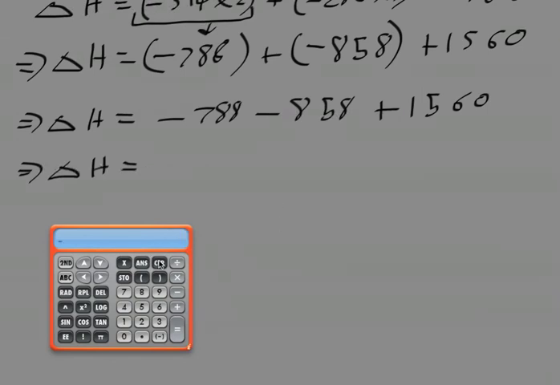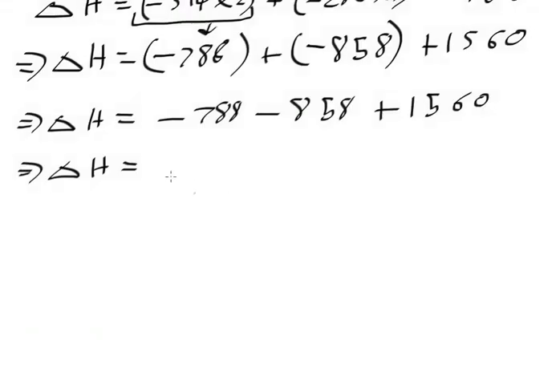So we need a minus 788 minus 858 and then a plus 1560. What do I get? Minus 86. So my answer here is minus 86 kilojoules per mole.